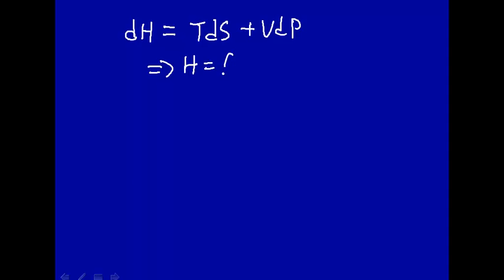I'll just jump here from our derivation last time. Enthalpy, getting the equal sign for a reversible process, is dH equals TdS plus VdP. So this implies that H is a function of S, if S changes, H changes, and also P, if P changes.